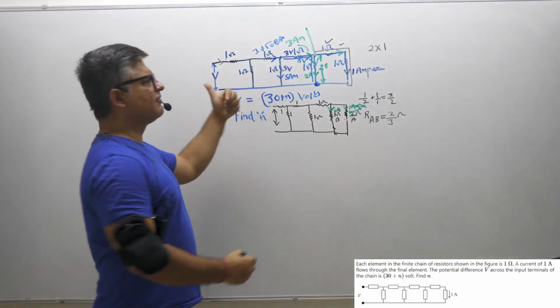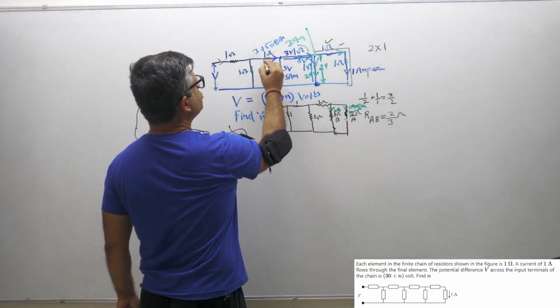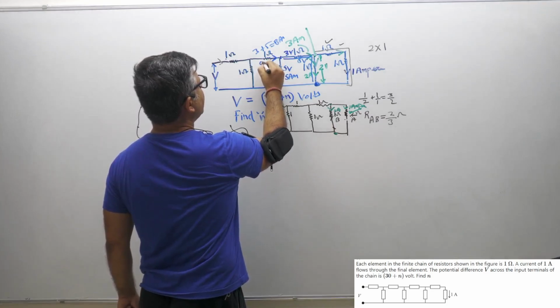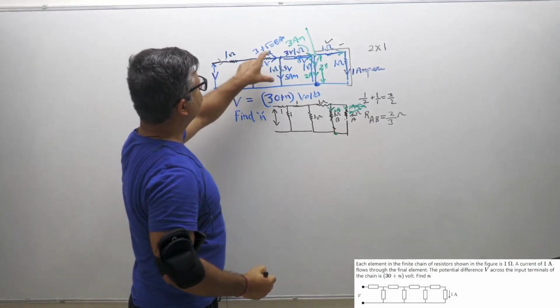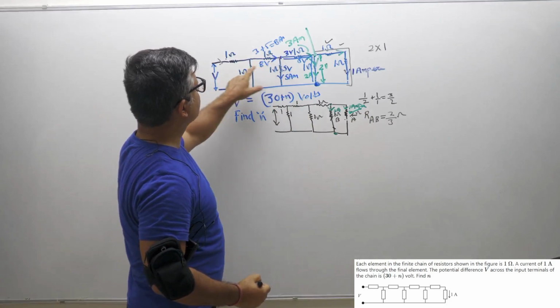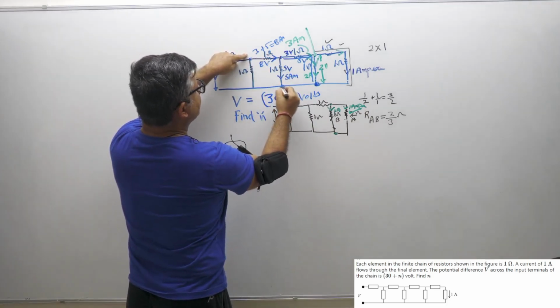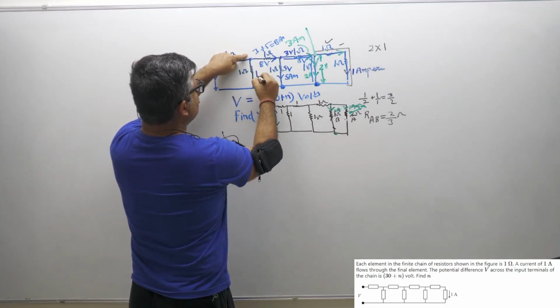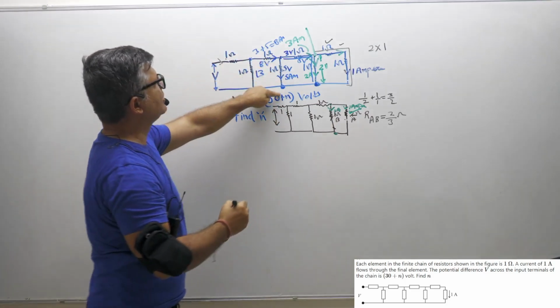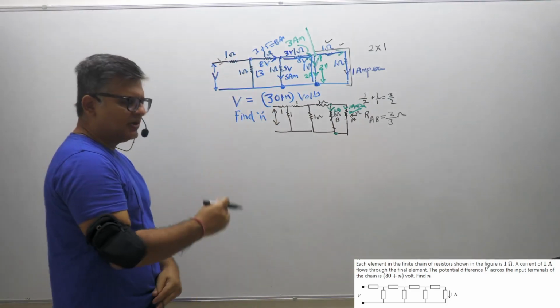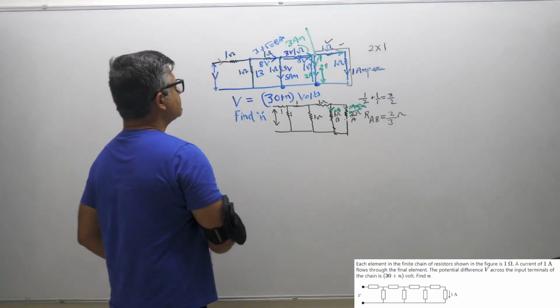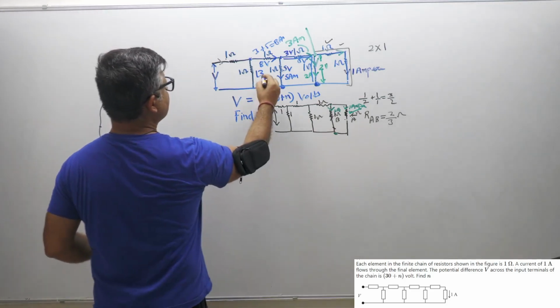We are doing it in a reverse manner. So the total voltage drop is going to be 8 volts. The voltage drop here was 5 volts, so the total voltage drop from here to here is 13. From here to here it is also 13 because it is in parallel with this combination after you keep on simplifying it. So this is 13 volts.